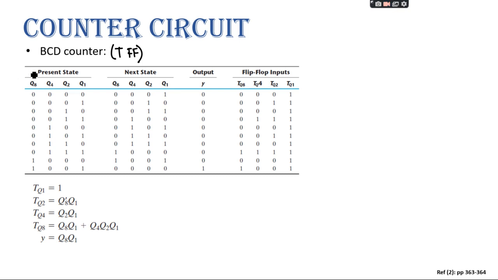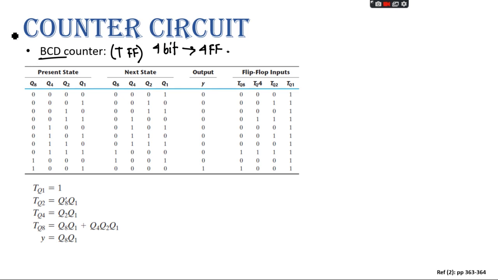For a BCD counter, how many bits should be there? 4 bits, sir. 4 bits means how many flip flops should be there? 4, right? Yes, sir. So as you can see, there are 4 flip flops.